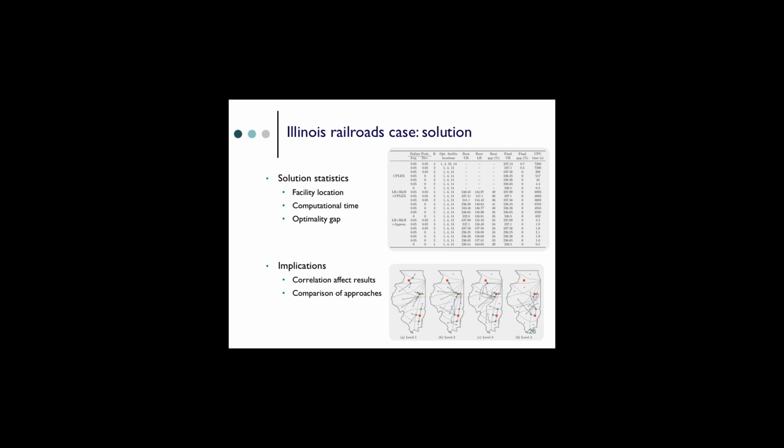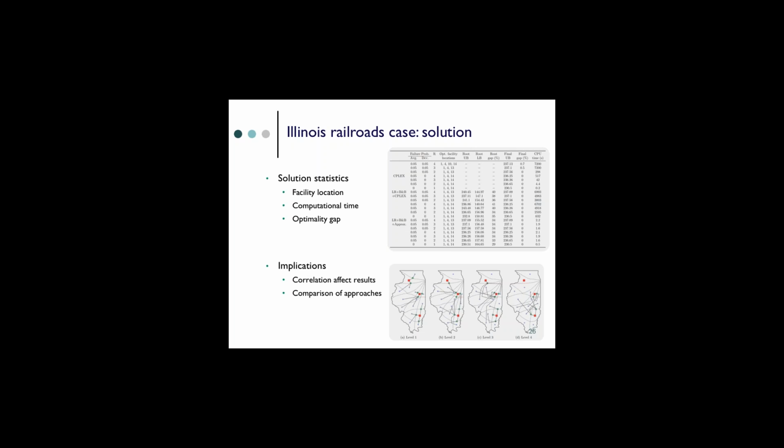From the solution, we can see that when the disruption probabilities are different, the facility location decisions are different, and also the total system costs are different. But the number of R doesn't have any effect on the locations.